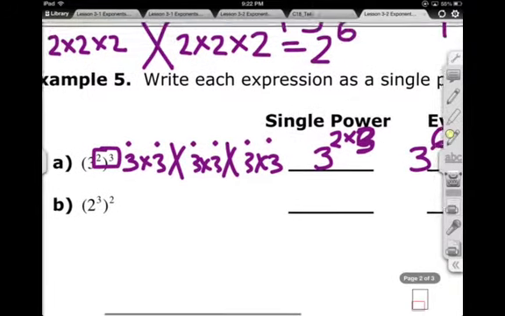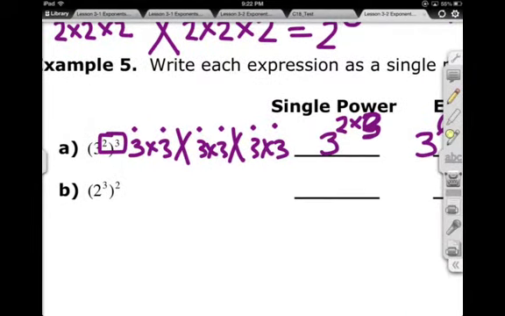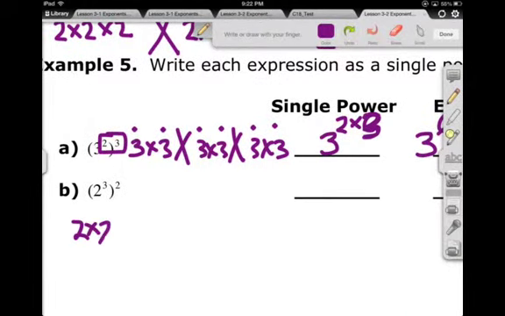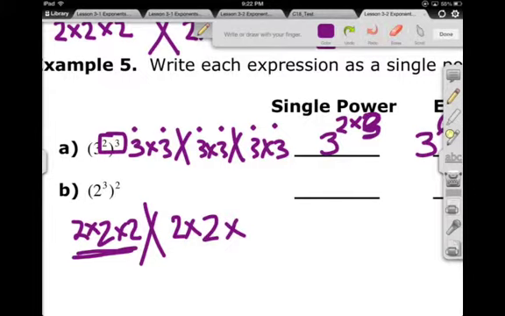This is getting a little tedious, but 2 times 2 times 2, which is called 2 cubed, is done twice. So if that's done twice, you technically could say 2 cubed squared.